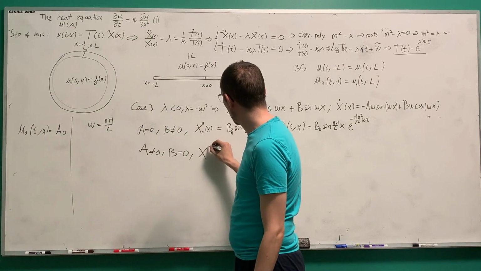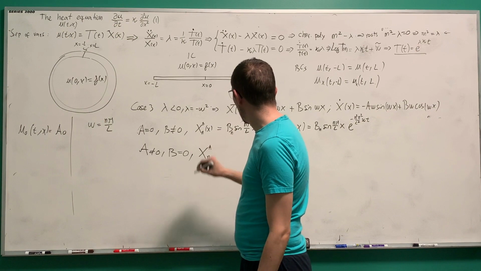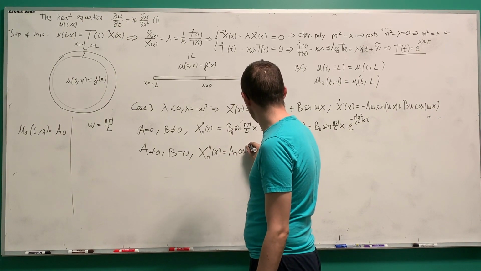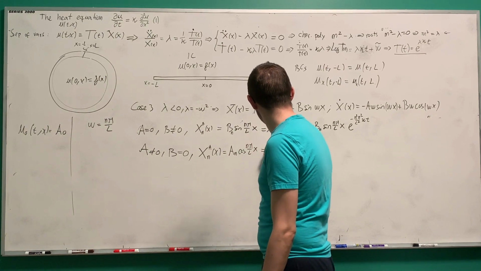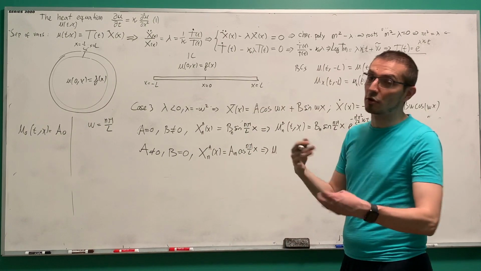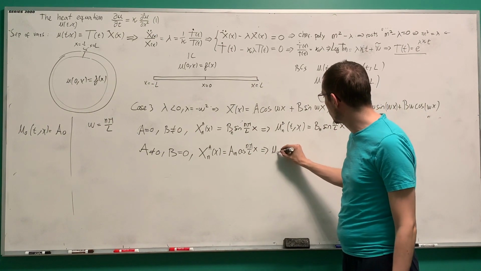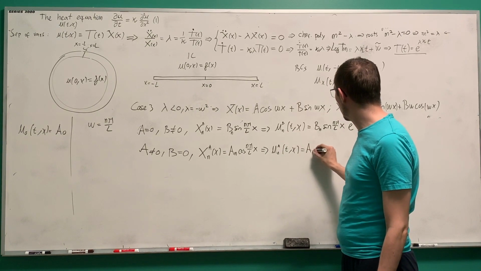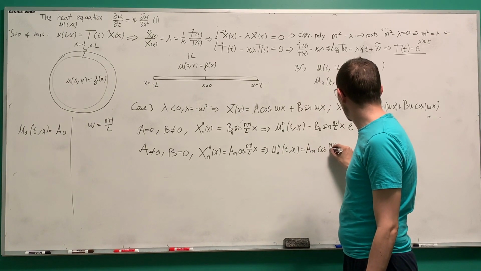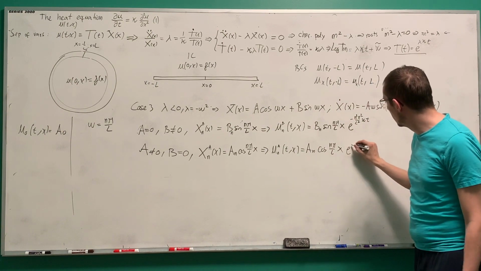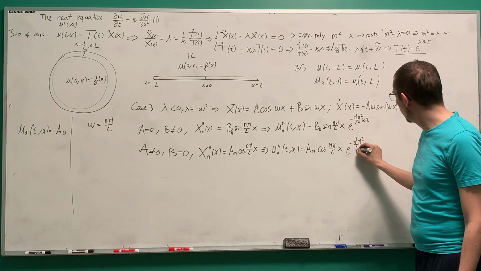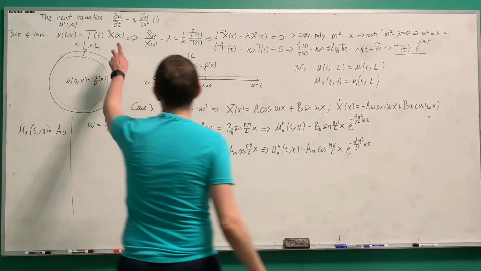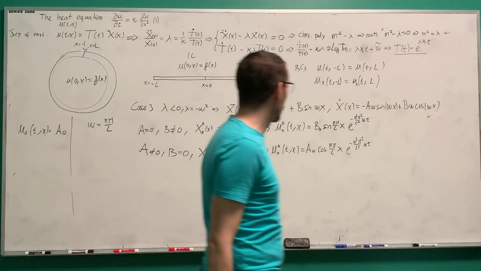And then we get, let's call this X_an, a_n cosine of n pi over L x, and that means that the total solutions, once per every value of n, u(t, x), are equal to a_n cosine of n pi over L x times e to the minus n squared pi squared over L squared kappa t. Because remember, the u's are the products of the X's and the T's. All right.